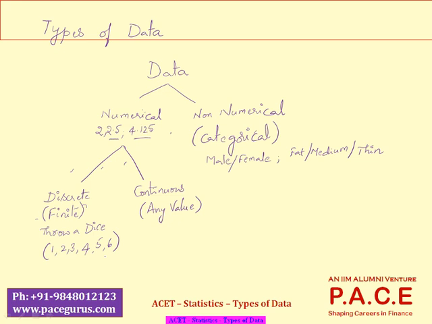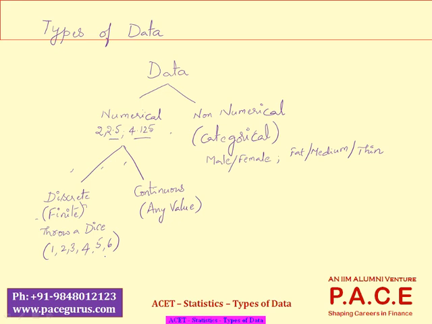I cannot get 7. I cannot get 2.2. I cannot get a negative. And I know there are only 6 possible outcomes that can come up. So when the number of values is very finite in number, we call it discrete data.